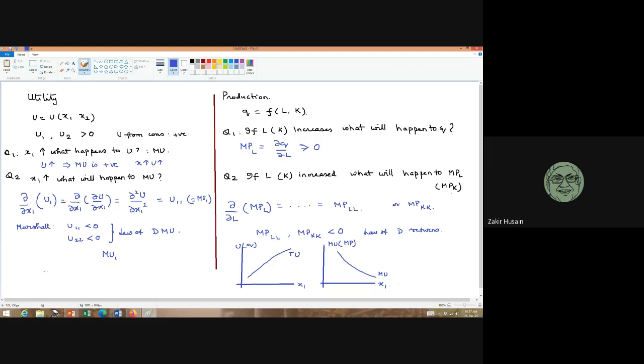Here what we are seeing is, if X is increasing, marginal utility is falling. So marginal utility has a negative slope. Similarly for production, when labor is increased, total product goes up, but marginal product will decrease.